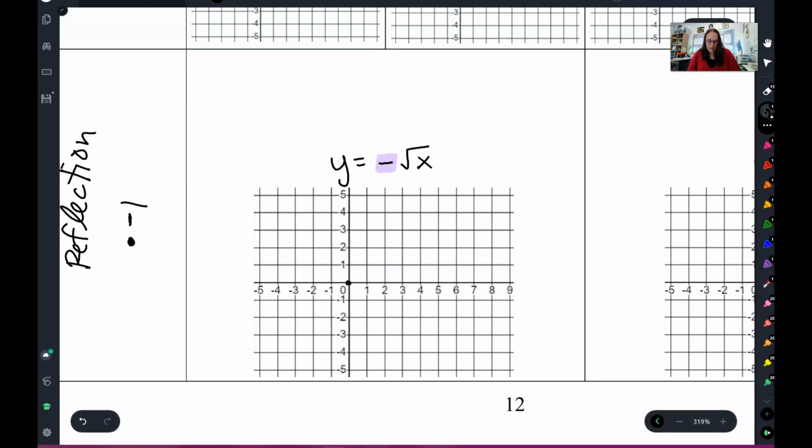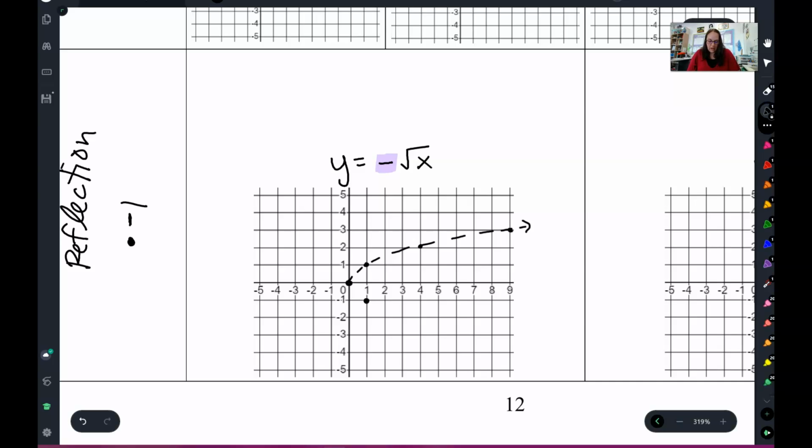So I'm going to sketch out my original parent graph with a dashed line. That's what the parent graph looks like. If this is outside, that means it will reflect up and down because outside is always up and down.